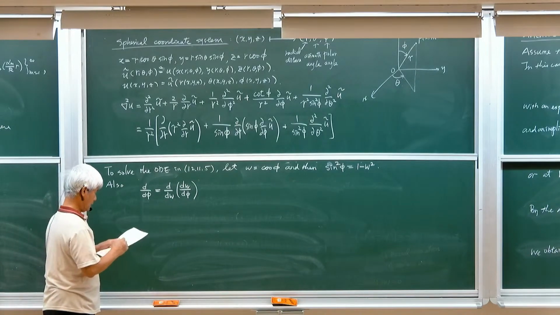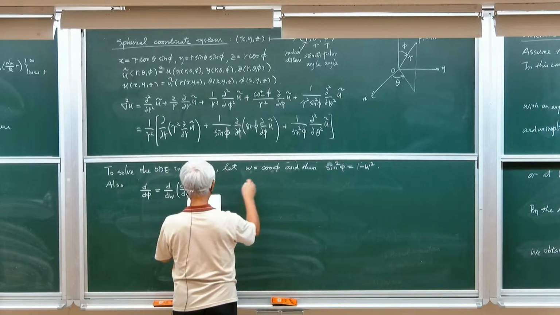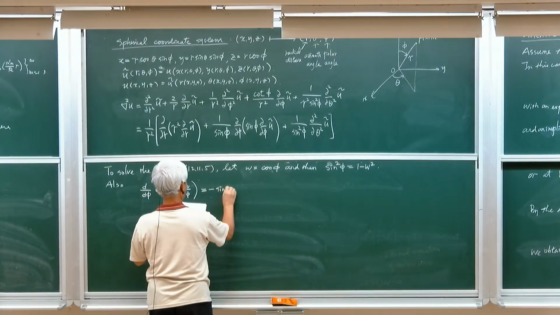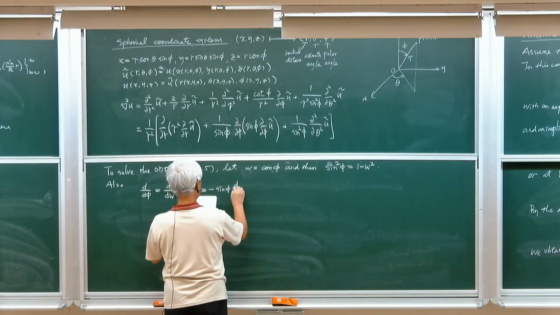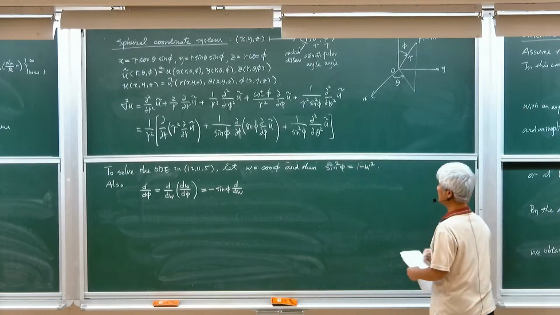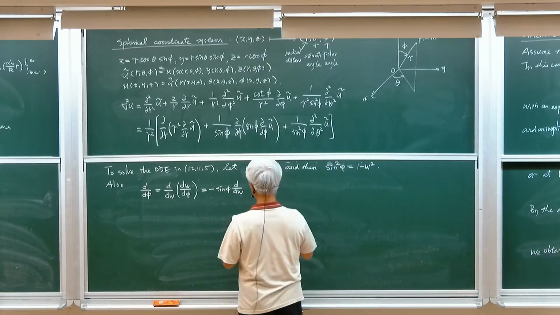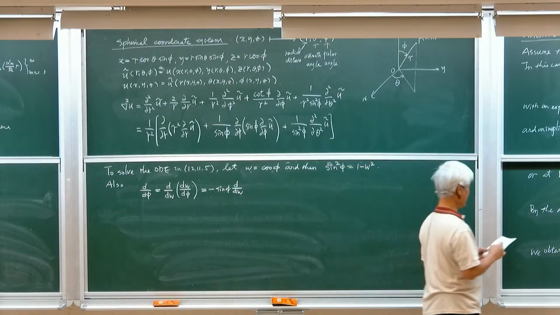And dw d phi gives us minus sine phi, so d d phi is minus sine phi d dw.